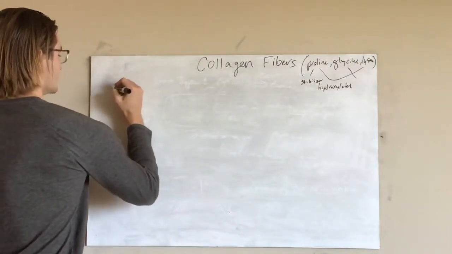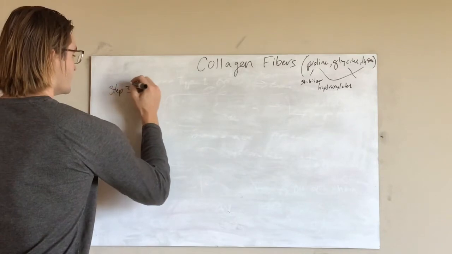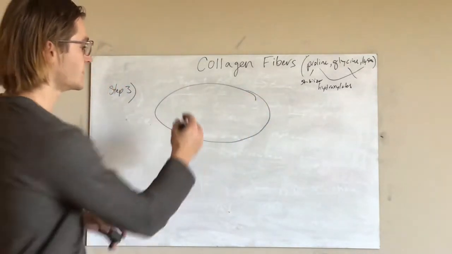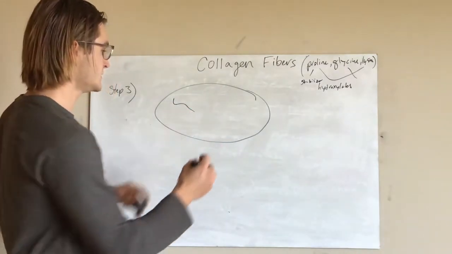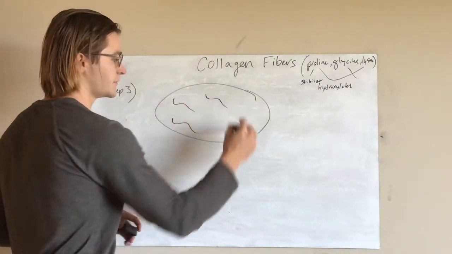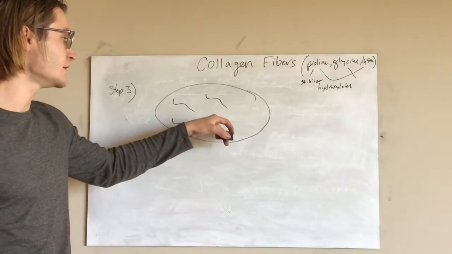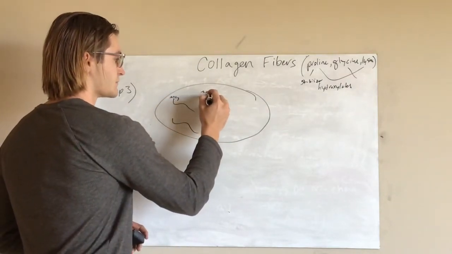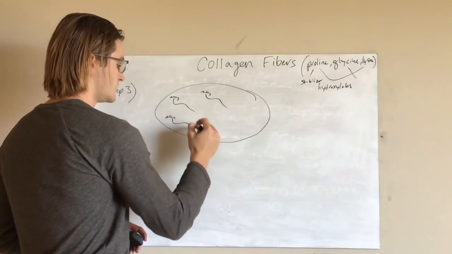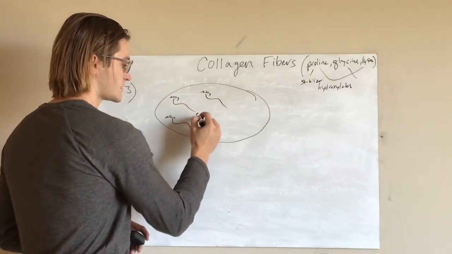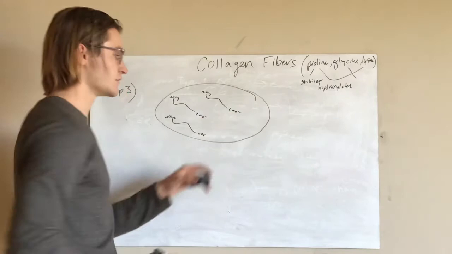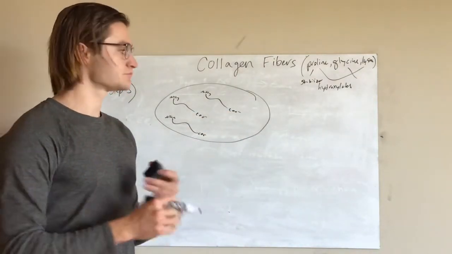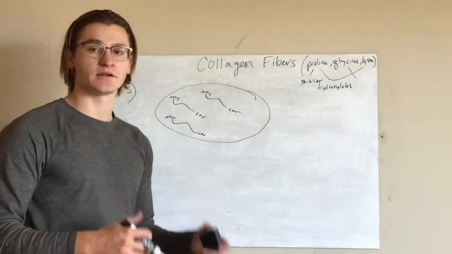Step 3, it's going to happen at the Golgi. So step 3, we have our polypeptides. There's going to be a few of them in there. So what's going to happen in here is we're going to have this is our amine side and our carboxylic side. And these are all pro alpha chains.